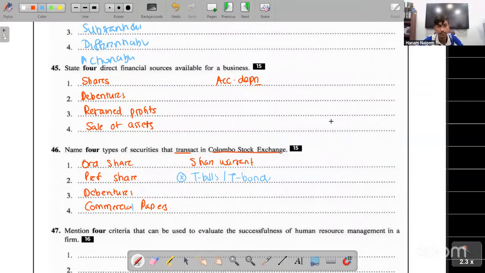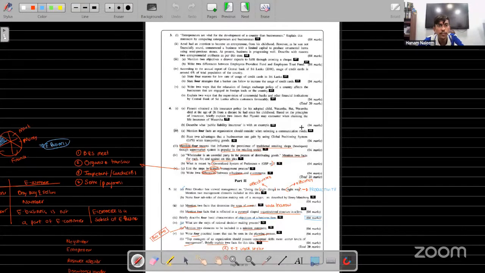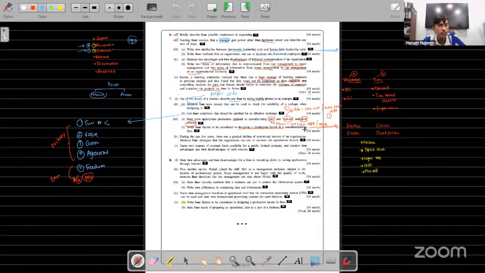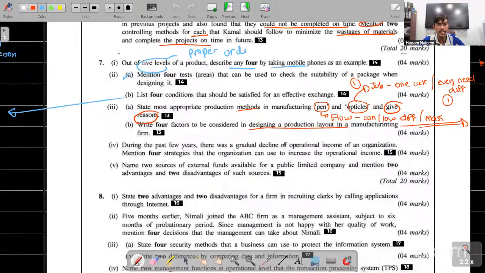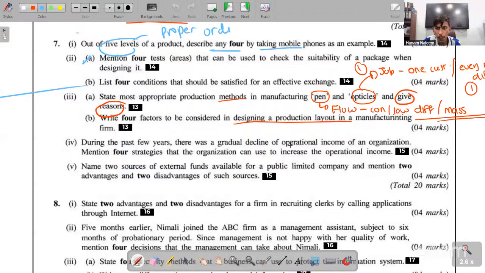45, 46 done. Part 2, question 7, 4 and 5. The fourth one: during the past few years, there was a gradual decline of operational income. Operational income of an organization is the day-to-day income, the main source of income a company earns. What's the operational income of an organization?